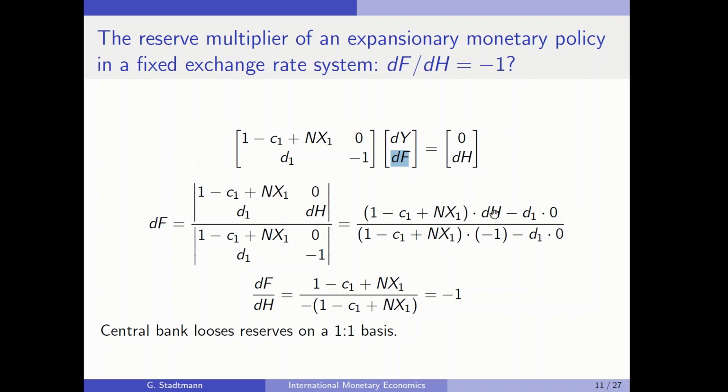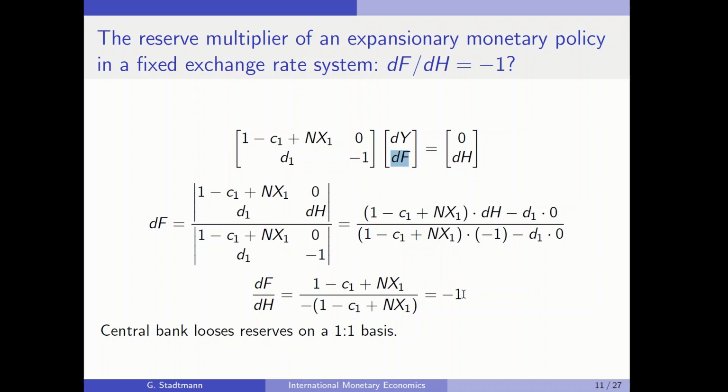And we can also put this dh on the other hand side of the equation. So we get 1 minus c1 plus nx1 in the numerator, and in the denominator minus 1 minus c1 plus nx1 in brackets. So this term 1 minus c1 plus nx1 cancels out, and we get the information that df over dh is equal to minus 1.